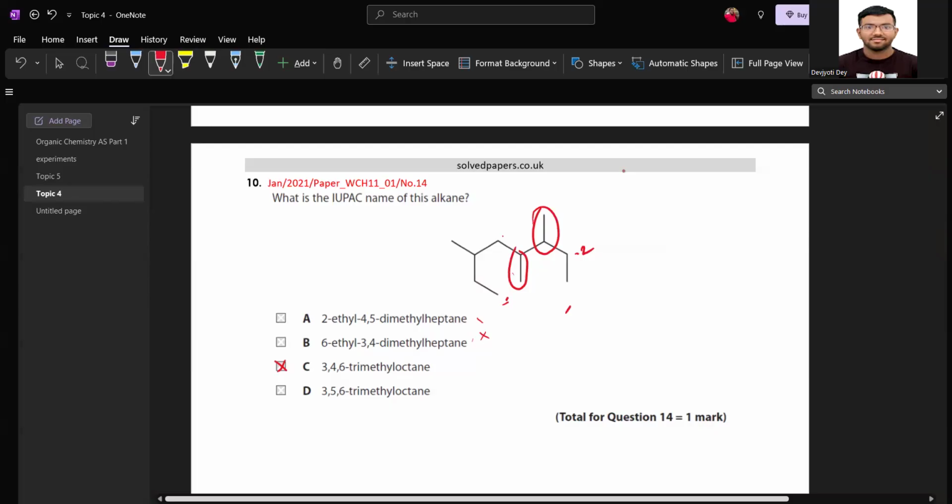So we can see 1, 2, 3, 4. In 4 of the carbons we have seen that 2 methyl groups are attached. But if you check in this way, 1, 2, 3, 4, only one methyl group is connected. So the greater priority is we are going to start from the right side. So 1, 2, 3, 4, 5, 6. So 3, 4, 6. Answer will be C. Did you guys understand? Yeah.